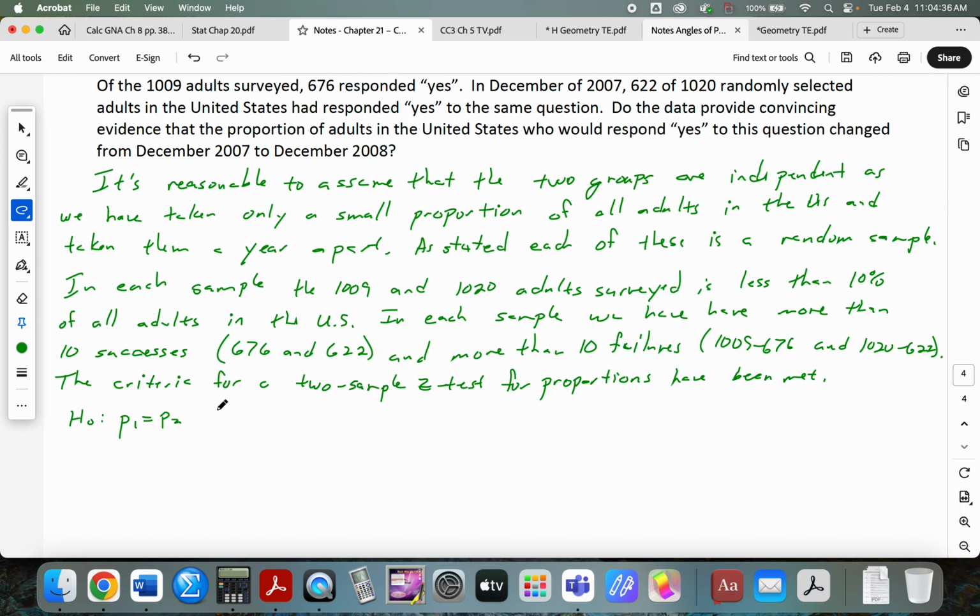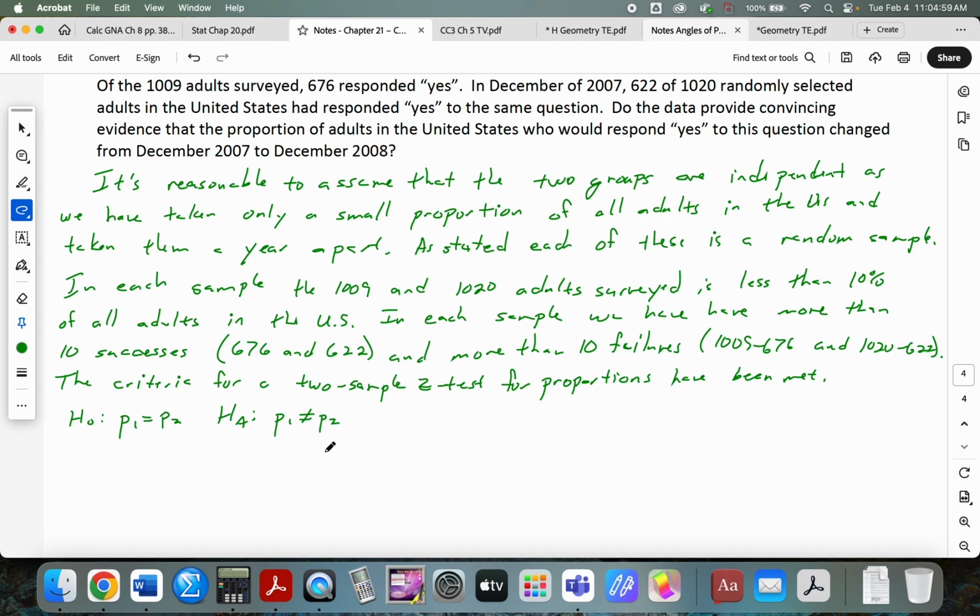Now, our alternative hypothesis is going to be what in this case? Not equal to. Do you have to write in the numbers for P1 and P2? We don't know any numbers for those yet. It's not P hat.